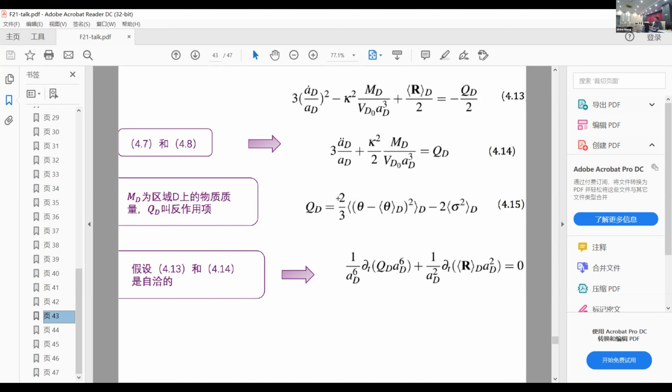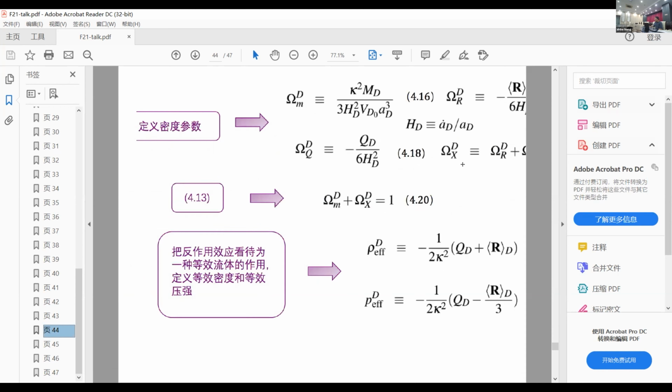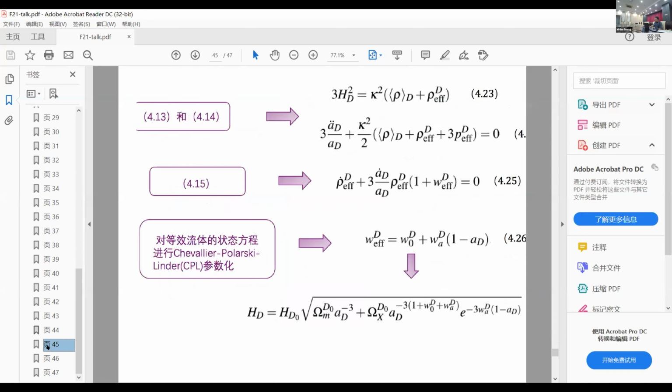Also, it's quite complicated to do the volume averaging. So far, we just analogically have the back reaction term, similar to the Friedmann equation. With this formalism, we can believe the three-form back reaction term is reasonable.